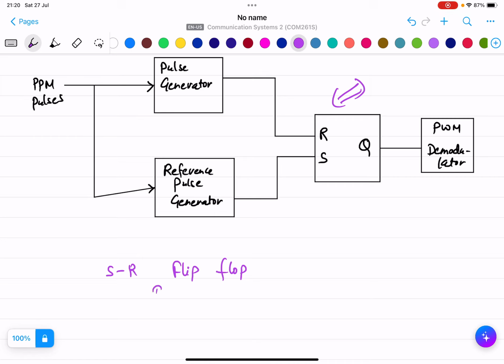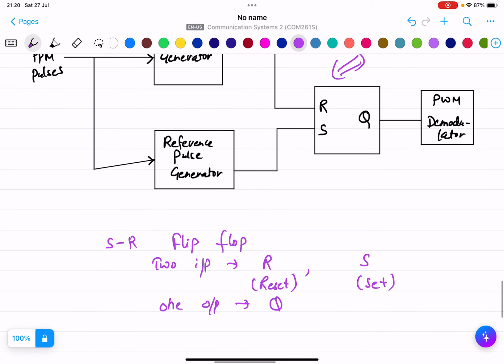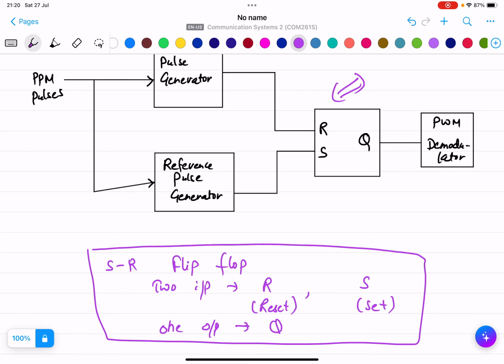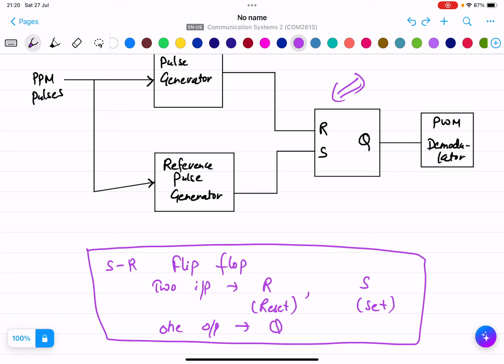It has two inputs, R and S. R is basically reset and S is basically set. There is one output of this block, which is Q. This is the explanation of the SR flip-flop. Details you will study in your digital systems.